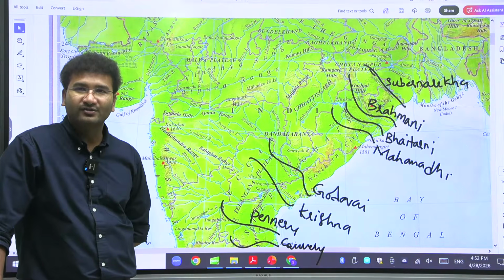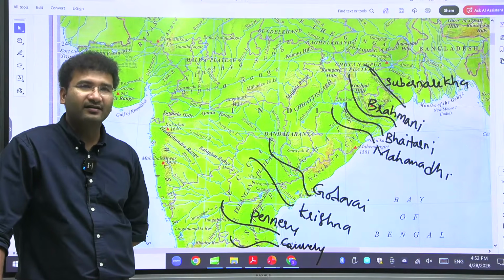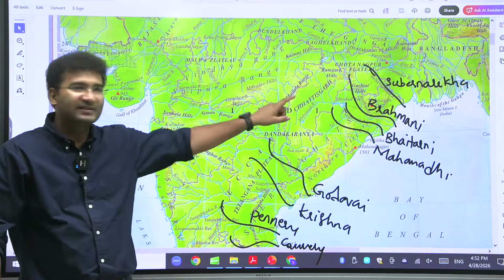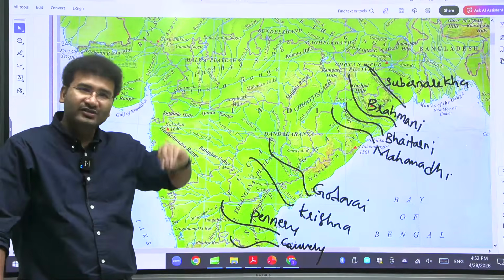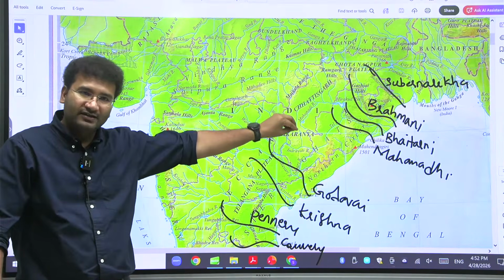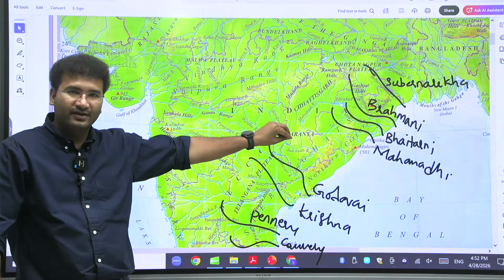Saltwater crocodile national park. It is Bhitarkanika in Odisha. Satkosia tiger reserve is on the Mahanadi, right? Satkosia.